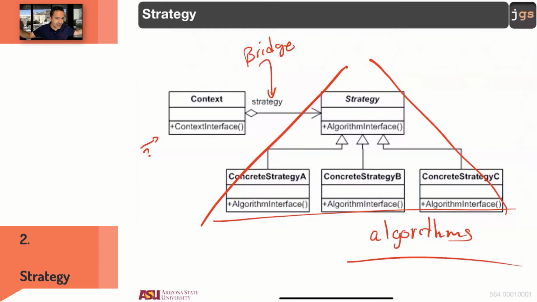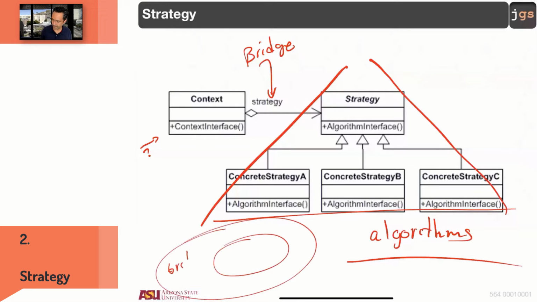They are handling data or they are handling processes. We don't care. I am going to connect. If you think about the level of abstraction, the bridge is generic. The strategy is specific. It's a particular type of bridge.